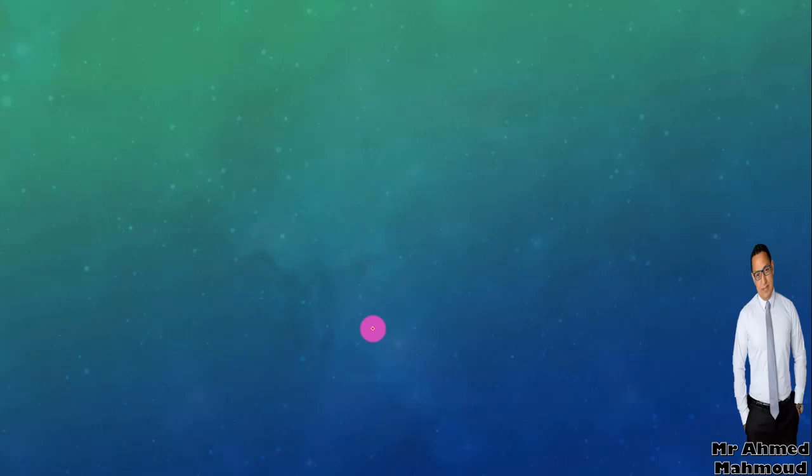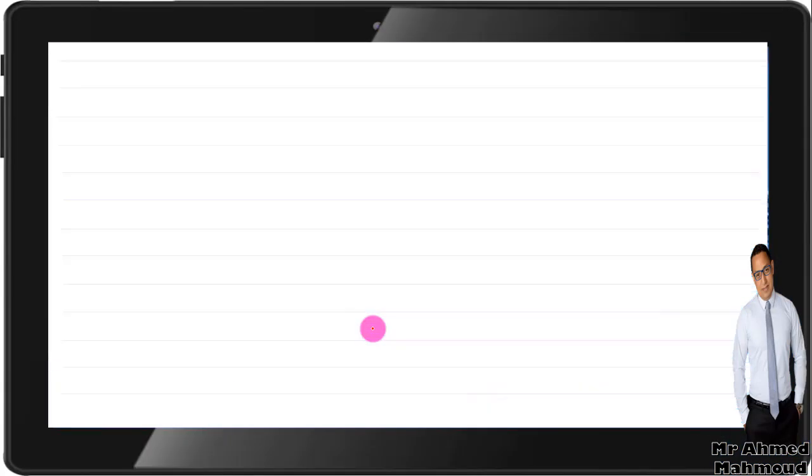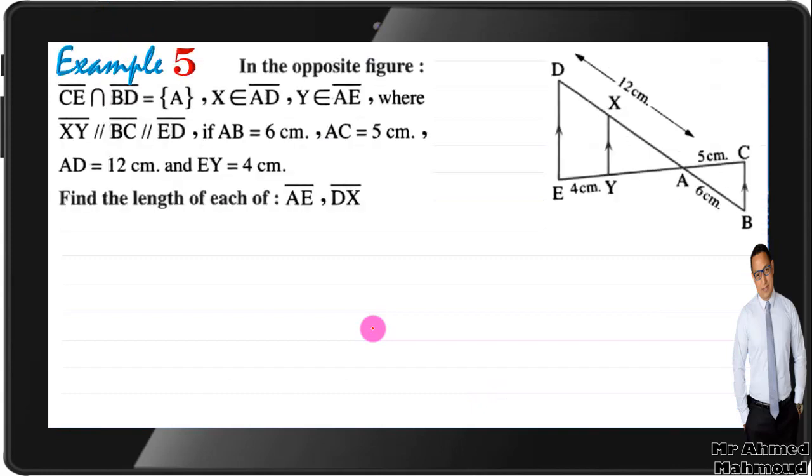Now example 5. In the opposite figure, XY is parallel to BC, which is parallel to ED, and AB equals 6, AC equals 5, AD equals 12, EY equals 4. Find the length of AE and DX.